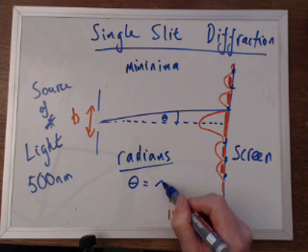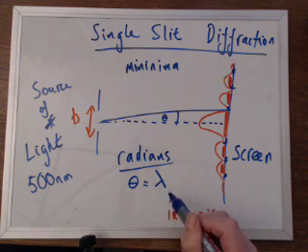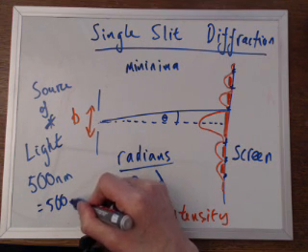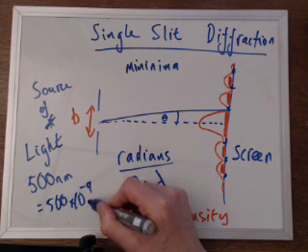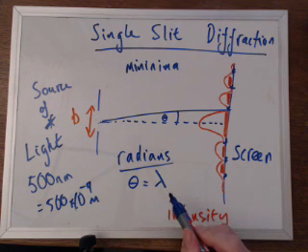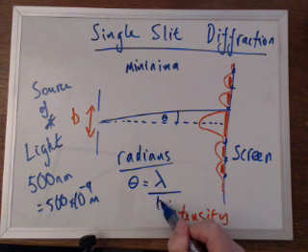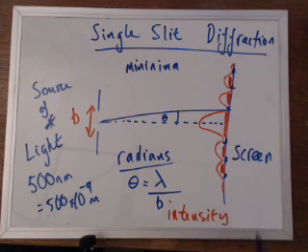And let's convert that into SI units. So that's 500 times 10 to the minus 9 meters. That's a nano. Is equal to the wavelength divided by the slit width, that is to the first minimum.